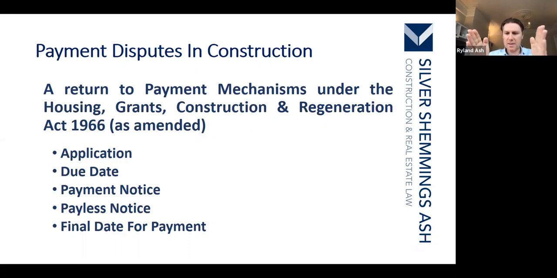And the idea of that is within that window, the payer can then issue a Payless Notice saying, actually, I'm not going to pay all of that amount. I'm going to pay you less because I'm deducting amounts under the contract for, let's say, defects or breaches of contract or delay damages. But the ingredients you're looking for is an application for payment. Whether or not there's a provision in the contract for an application for payment will depend upon the contract.